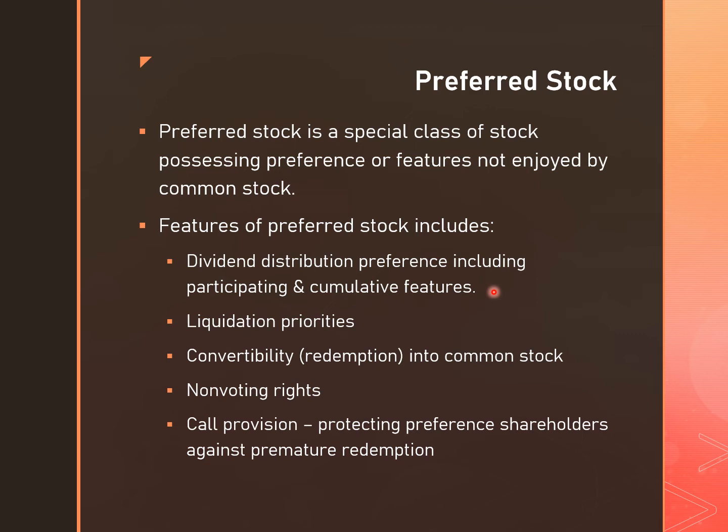Dia ada certain percentage, right? So in dividend dia adalah fixed. Dan in liquidation dia ada priorities, dan some preference shares like redeemable preference share dia boleh convert into a common stock, dan dia tak ada voting right. Also dia ada call provision which protecting preference shareholders against the premature redemption.